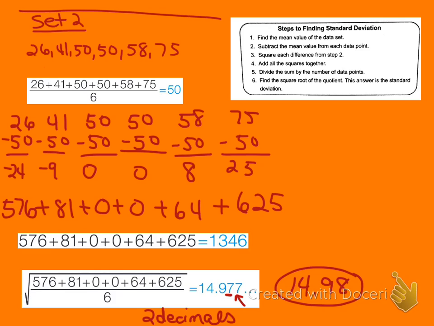What in the world does this tell us? This tells you how widespread your data is. It's spread out by an average of 14 or almost 15 in between each one. When we look at the data at the top, the spread between each of them is an average of about 15.